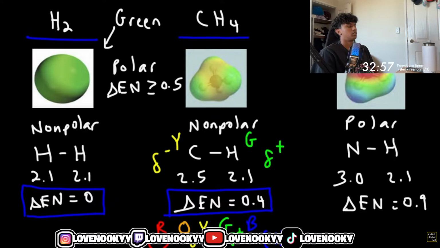So just to recap, if you see a molecule with one side red, one side blue, you're dealing with a highly polar molecule. If you see just one uniform color, either yellow or green, you're dealing with a non-polar molecule.